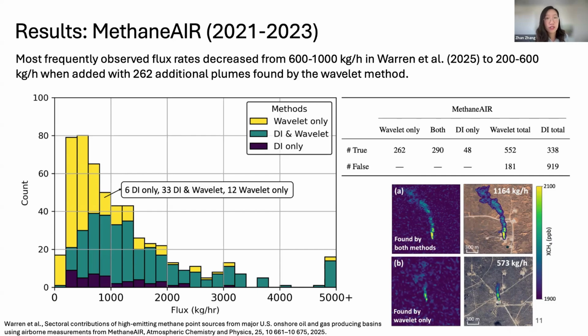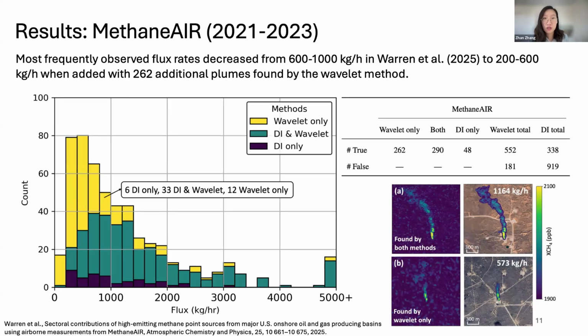So overall, the wavelet method identifies 262 additional plumes compared to the DI method. And most of these additional detections fall in the lower flux range, between 0 and 1000 kilograms per hour.